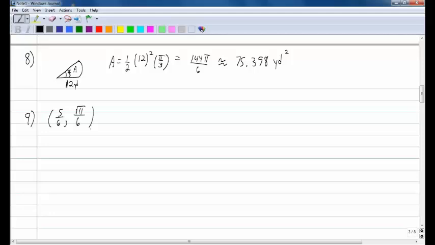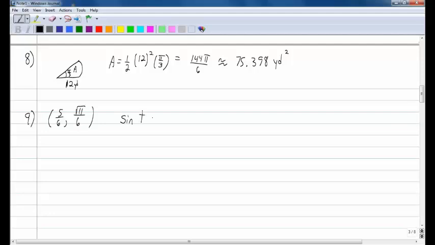Now, these problems are just like the very first problems that we worked whenever we were defining the trig functions. So all these points are on the unit circle. So if you find the radius, then the radius would be equal to 1.